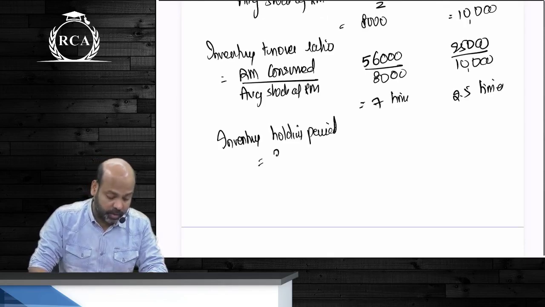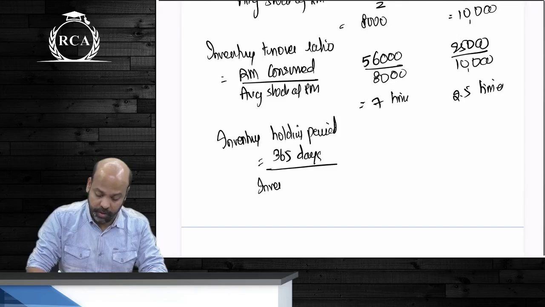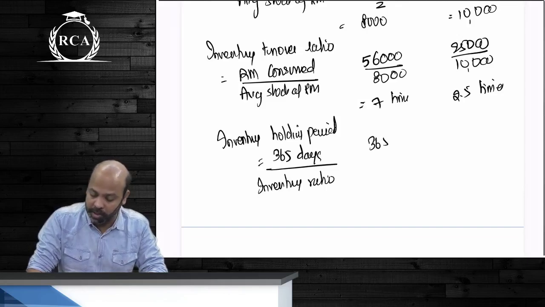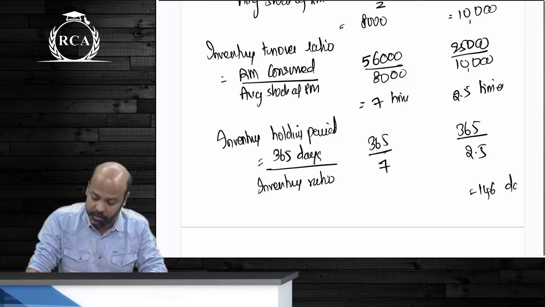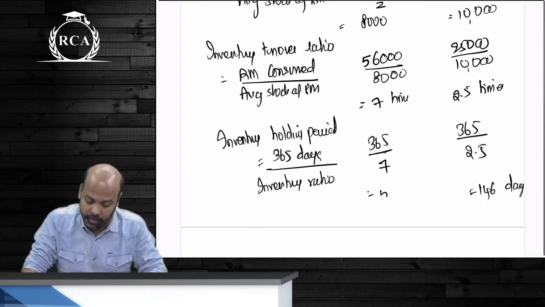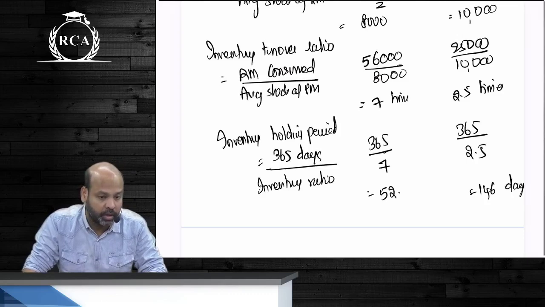And that beta would be 365 days divided by inventory turnover ratio. So that will be 365 divided by 7, 365 divided by 2.5. 365 divided by 7 कितना रहेगा guys? 52.14. That's 52 days.